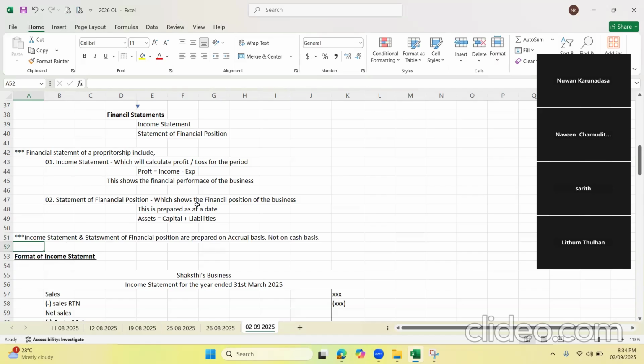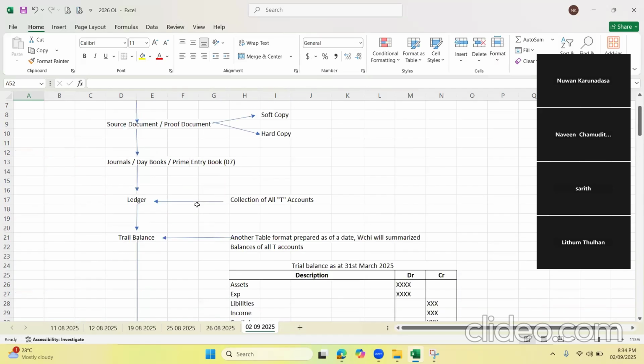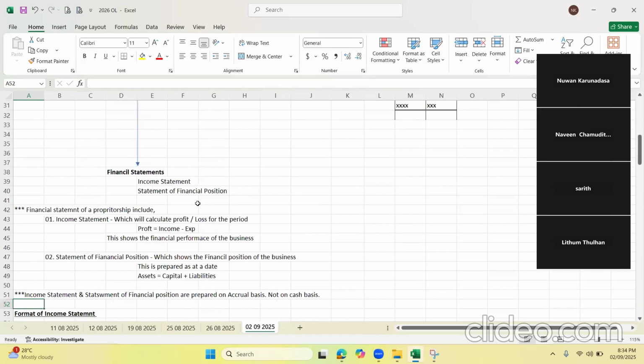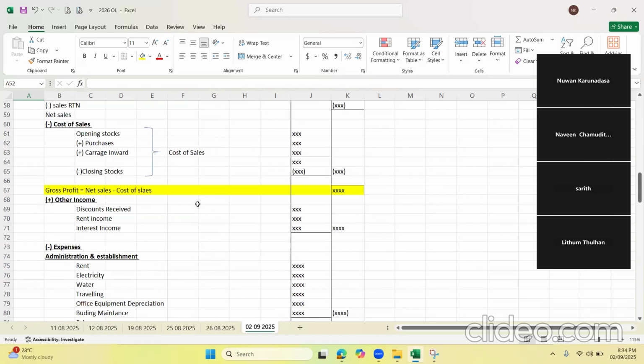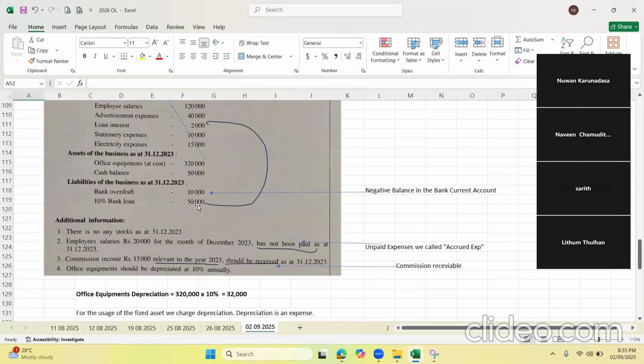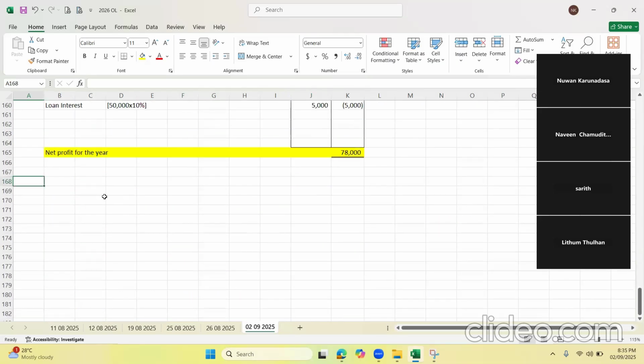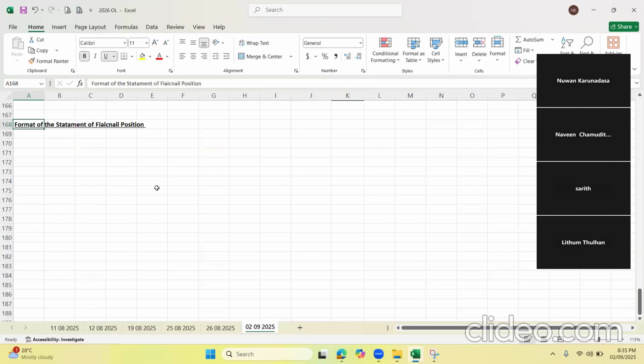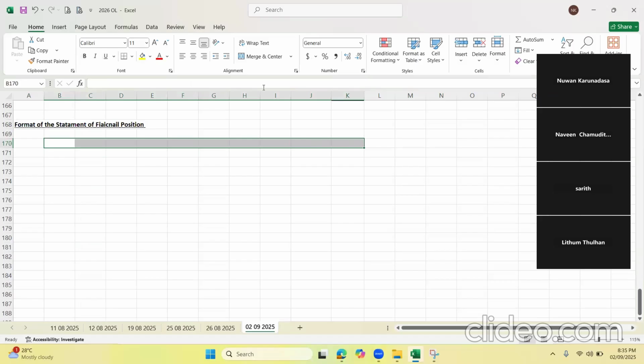Right, so it's done. So we have learned the format of the income statement and we have done a question from the income statement, right? So we'll just look at the format of the statement of financial position. Format of the statement of financial position. Just look at it.